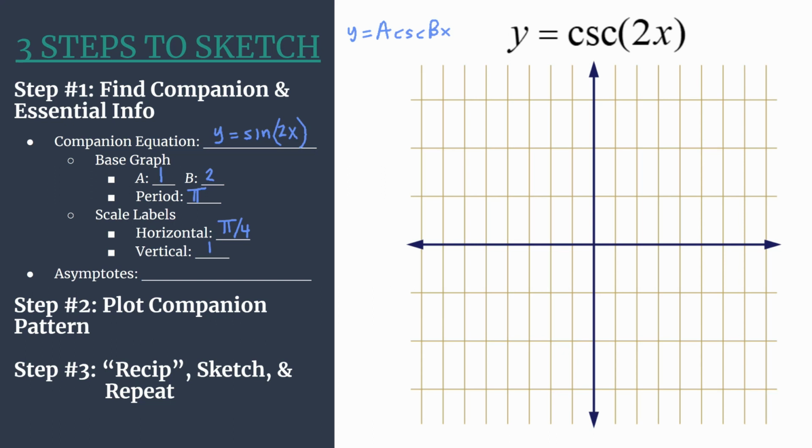We'll start with the horizontal axis, counting by pi over 4. So we have pi over 4, 2 pi over 4 reduces to pi over 2, 3 pi over 4, 4 pi over 4, which is pi, 5 pi over 4, 6 pi over 4 reduces to 3 pi over 2, 7 pi over 4, and 8 pi over 4, which reduces to 2 pi.